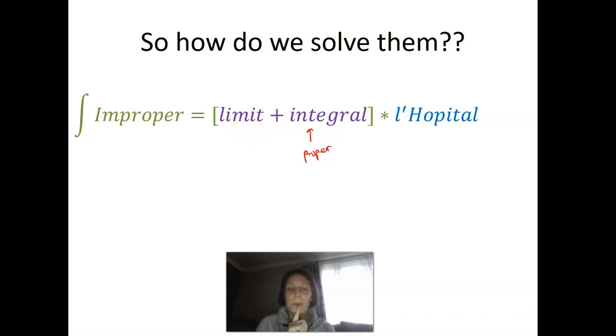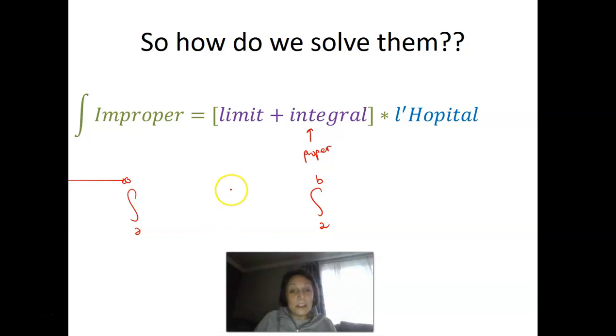In other words, we're going to take an integral that has, say, an infinity in it, and we're going to take the infinity out of there and replace it with a variable. We always use A's and B's and C's for some reason. So for example, if I take the integral from 2 to infinity and I rewrite it as 2 to b, this isn't improper anymore. Look at me, I took the infinity out.